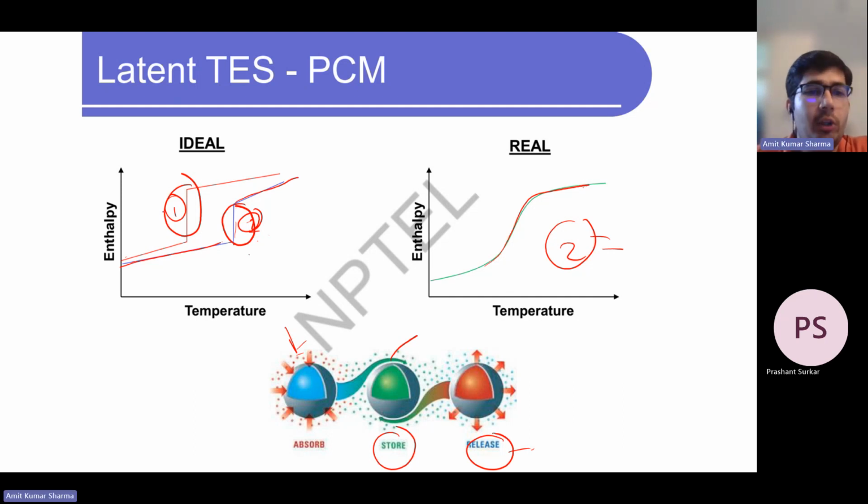But sir, there are two, so there is a reason for two. Okay, I think one is for the material. Yeah, I get the point. So this red one will be when you are supplying energy, when it is storing the energy, and this one will be when it is losing the energy, I think.